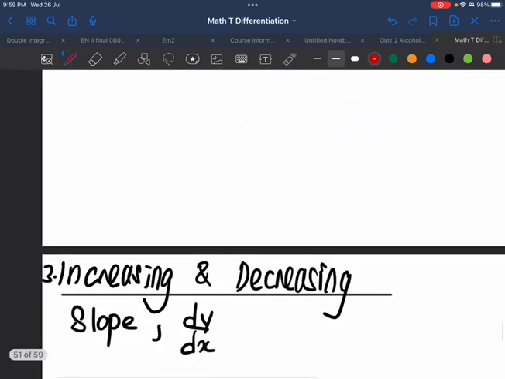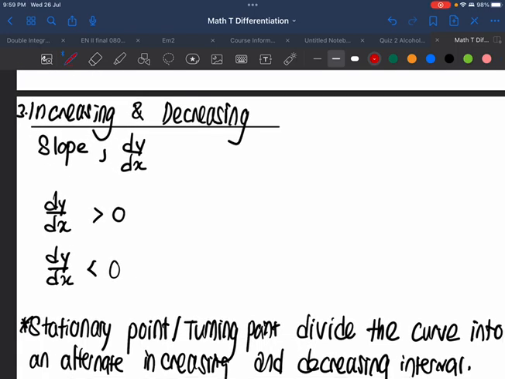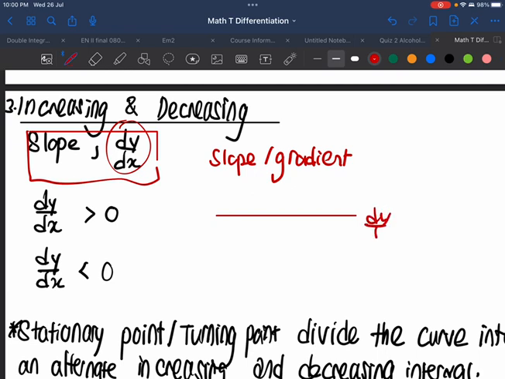Alright, so now the third concept is increasing and decreasing. We know the slope is derived as dy/dx. So what is meant by dy/dx greater than 0? dy/dx is actually the slope or the gradient, how sloped the line is. So when it is greater than 0, it is going upwards, so it's positive.